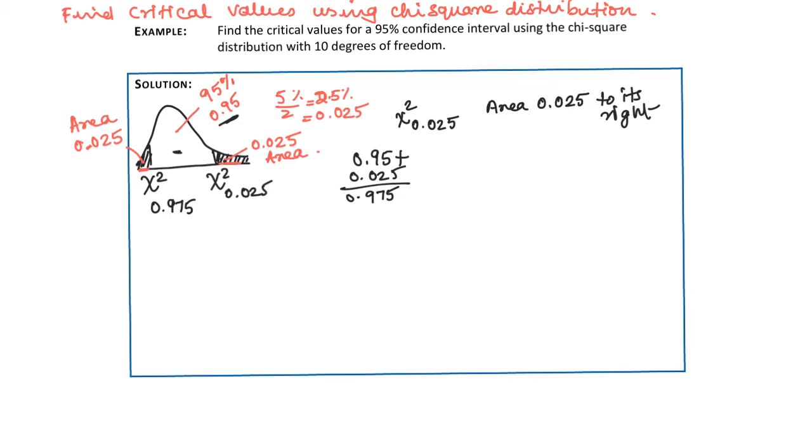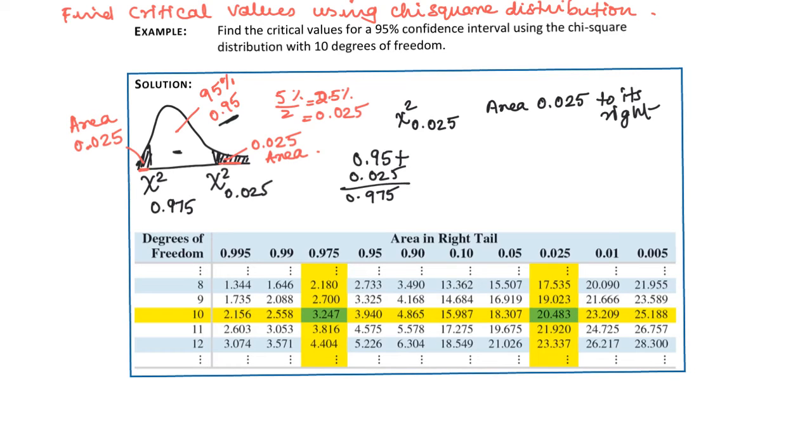Now we will find the critical values using chi-square table A4. So find the intersection of row corresponding to the degrees of freedom 10 and the column corresponding to 0.975 and 0.025.